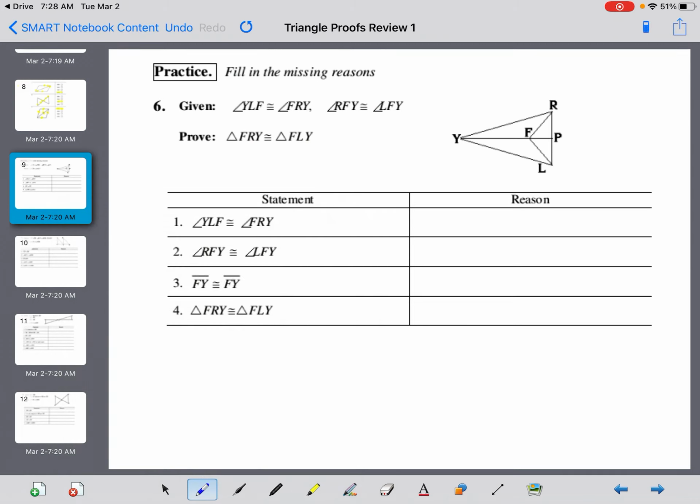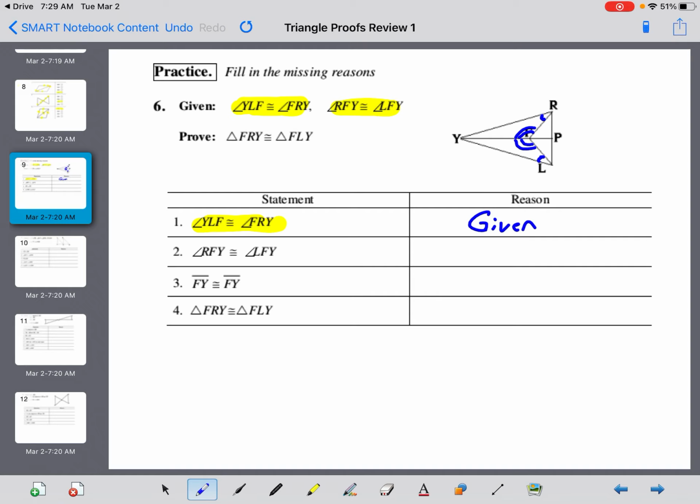Okay, writing proofs. We have a few givens here, that angle YLF is congruent to angle FRY. So why don't we plug those in? YLF is here, FRY is here. They labeled that in number 1, so that is your given. You have another given, though, that angle RFY is congruent to LFY. Well, RFY is right here, and LFY is right there.